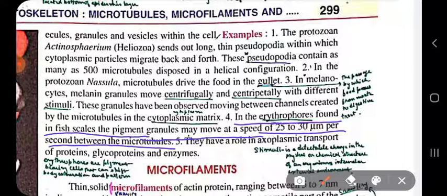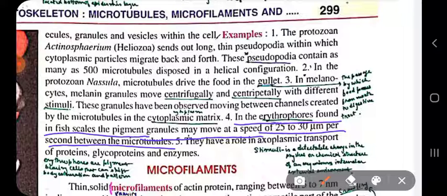Erythrophores are pigment cells that can shift the body color pattern, and they are found in fish scales. Their pigment granules can move at a speed of 25 to 30 micrometers per second between the microtubules.